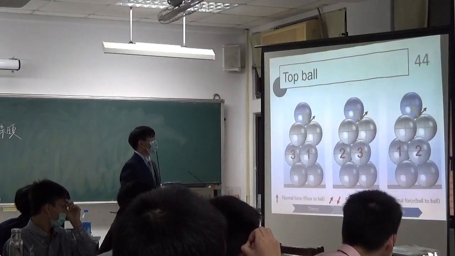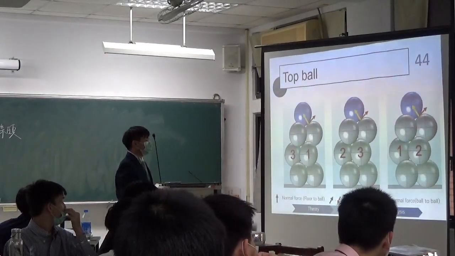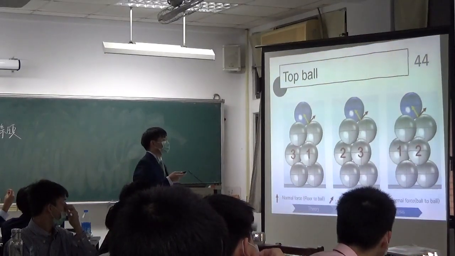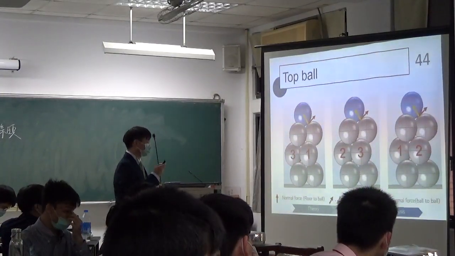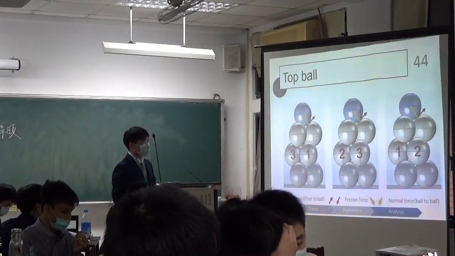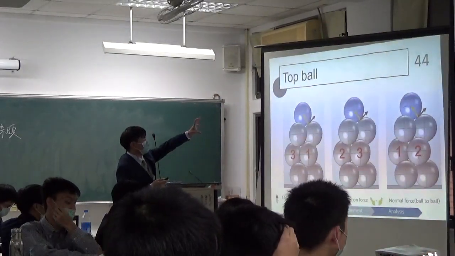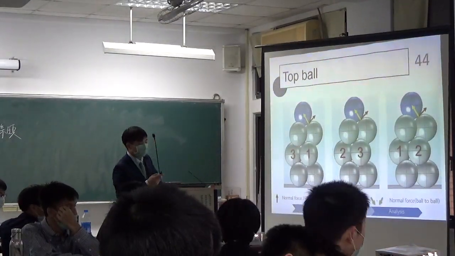The next is the ball on top. I only discussed these two in the pyramid, and in this type of tower I only discussed these two types of 3 layers and 4 layers, because when we build higher, the situation will be the same as what I drew.